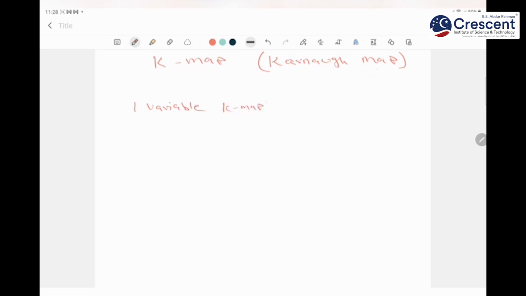Then we have a two variable K-map, then a three variable K-map, and then 4 variable, 5 variable K-maps. Even 6 variable K-maps are possible in some cases. In today's class we will be discussing up to 4 variable K-maps: single variable, 2 variable, 3 variable and 4 variable.